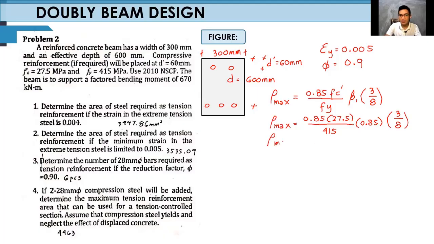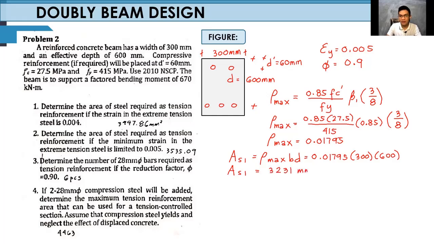So, rho maximum natin is equivalent to 0.01795. So, therefore, that is our rho maximum. Okay? So, kukunin natin si AS1. Same pa din kanina. AS1 natin is rho maximum b times d. So, 0.01795. Multiply natin yan by 300 and by 600. So, therefore, our AS1 is equivalent to 3,231 millimeter square.